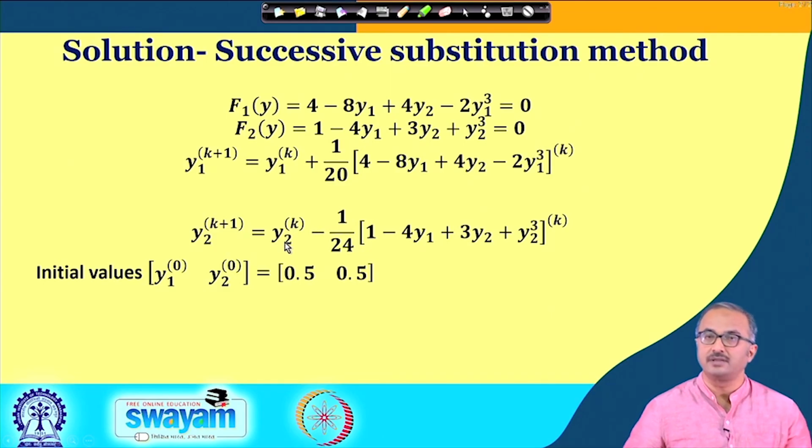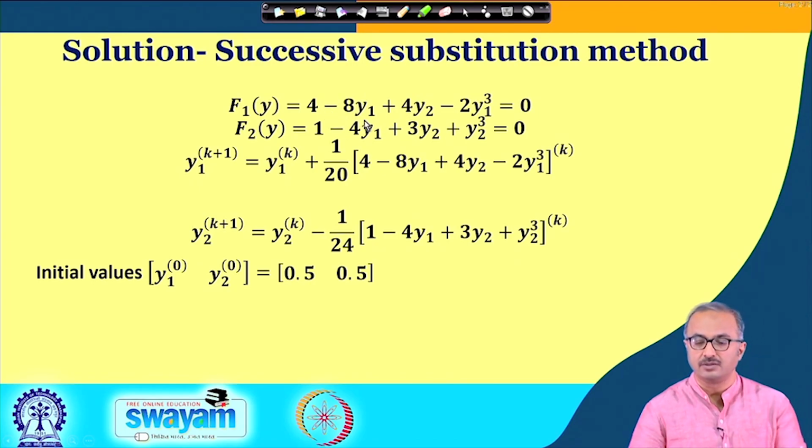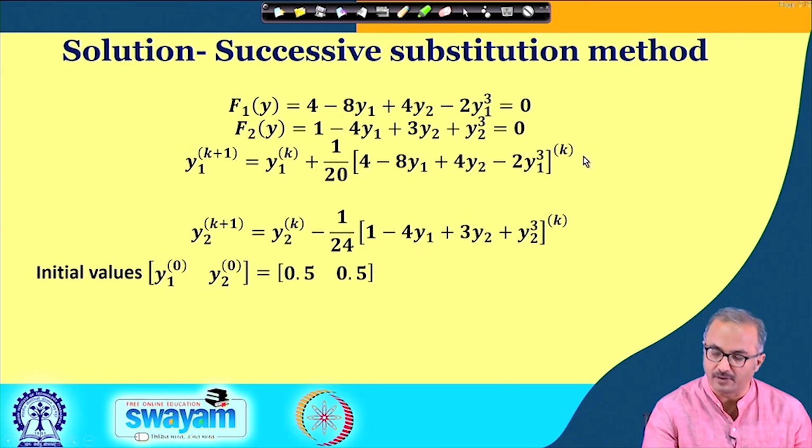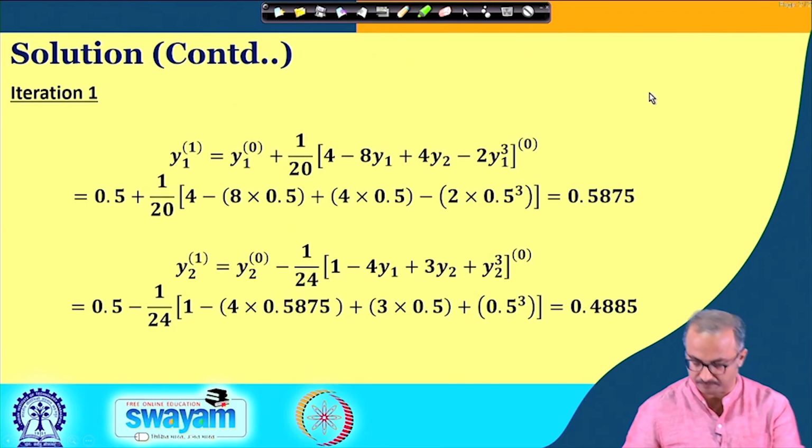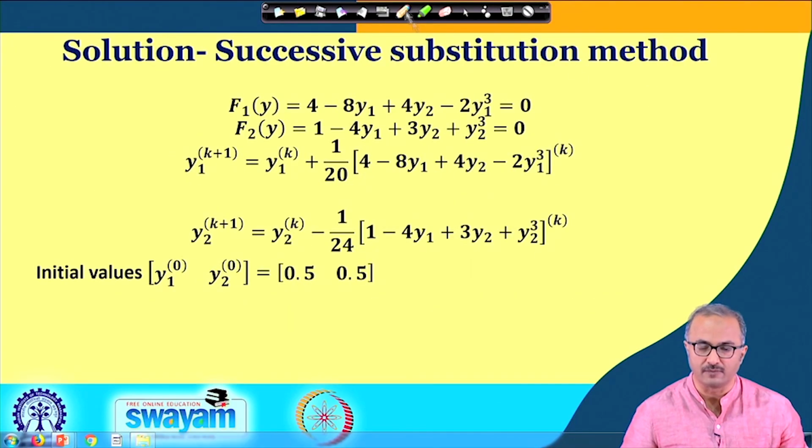Another way is that you can also take a cube root. If you take this particular term on the right hand side, then you can easily see that y1 may be taken as this particular term divided by 2, and the cube root of that. So that may be another way of finding y1.